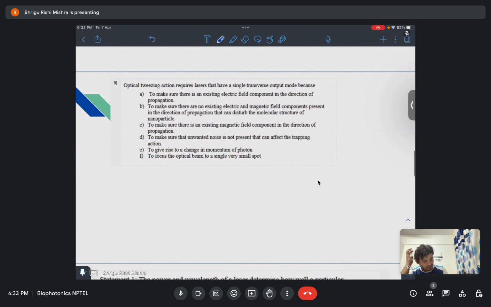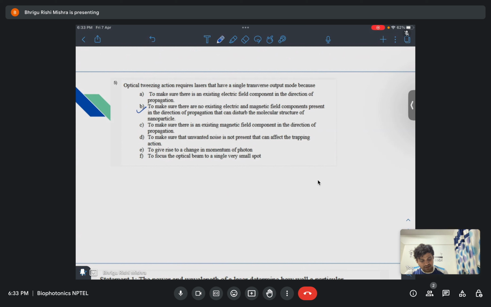Fifth question: optical tweezing action requires lasers that have a single transverse output mode because, to make sure there is an existing electric field component in the direction of propagation, or to make sure there are no existing electric and magnetic field components present in the direction of propagation that can disturb the molecular structure of nanoparticle. This is the correct statement.